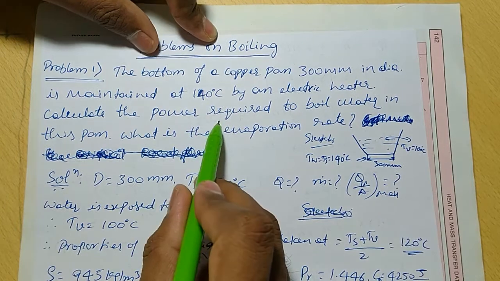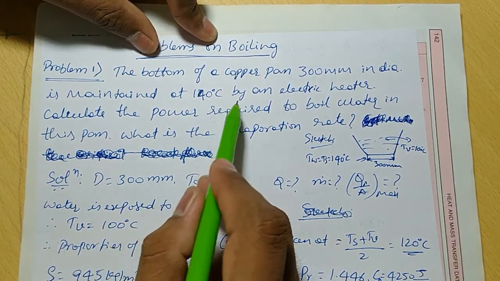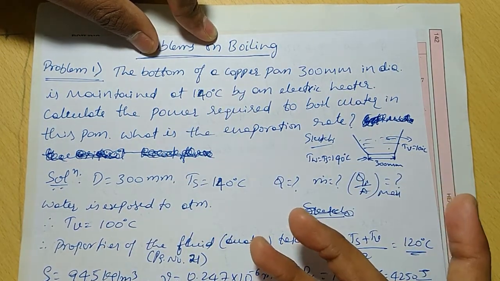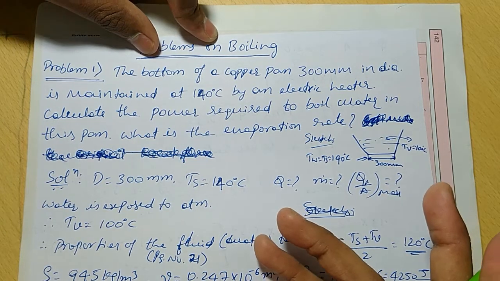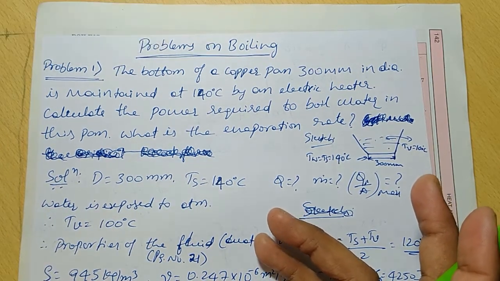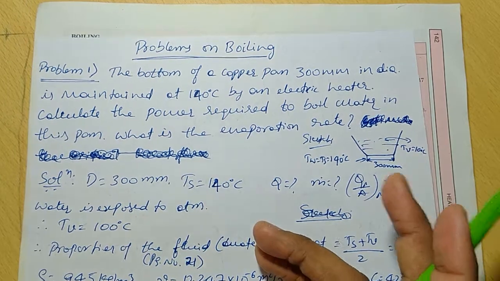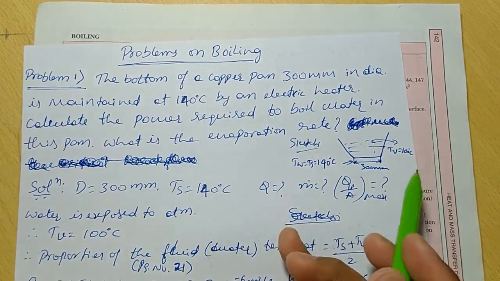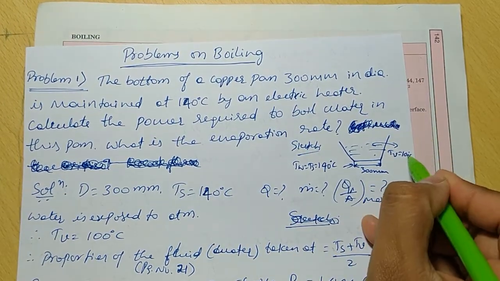Tv is not given here, but you should know that this is an open pan, meaning the pan is exposed to atmospheric condition. At atmospheric condition, the water will boil at 100 degrees centigrade. So Tv is equal to 100 degrees centigrade.